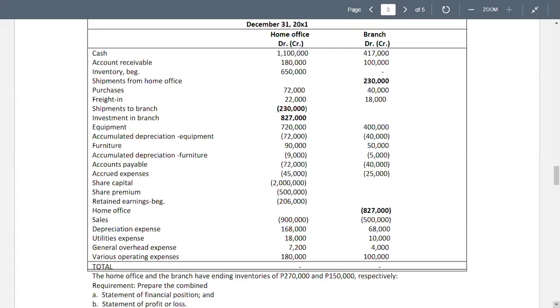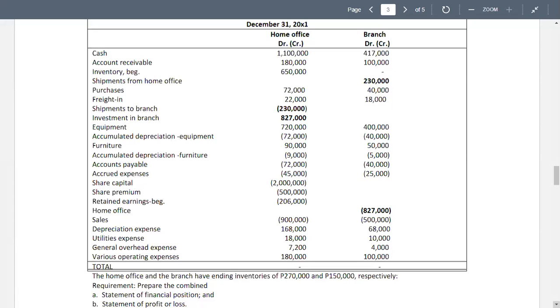These are debits. Then we have general overhead expense, a total of 11,200, and various operating expenses, total of 280,000. Then down, we have the additional information.